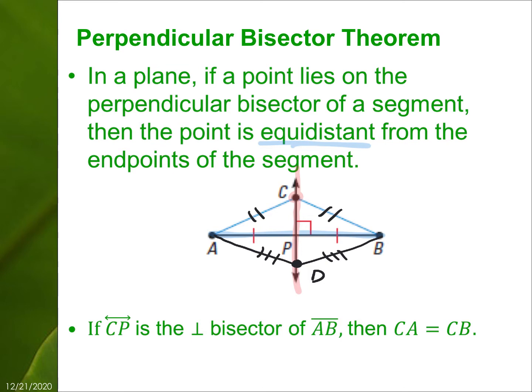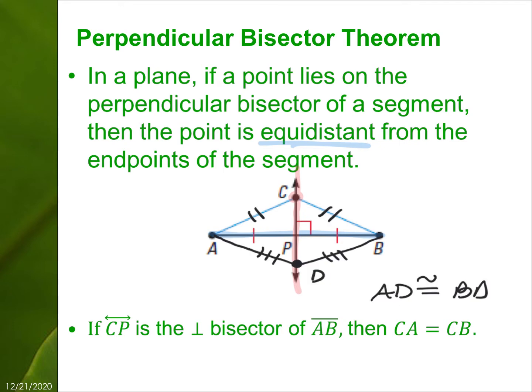So if D is on the perpendicular bisector, which is CP, then I know that point D is going to be the same distance to each of those endpoints. So the endpoints were A and B, so D is the same distance from A to D as well as B to D. So this tells me that AD would be equal to BD, or it would be congruent.